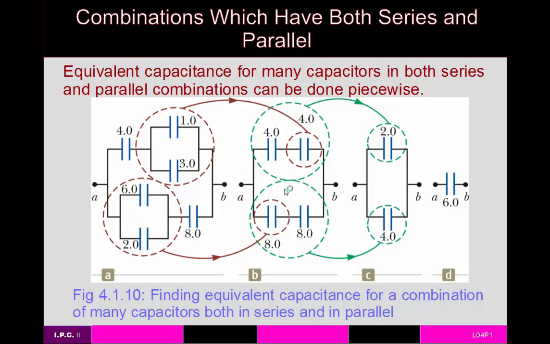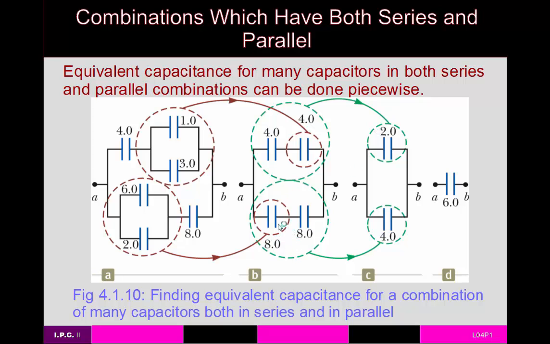Now looking at this combination, the two 4s are in series, the two 8s are in series. Each 8 is in parallel with each 4. Therefore, we need to break down the 8s and we need to break down the 4s next. So two 4s which happen to be in series with each other give us an equivalent of a 2.